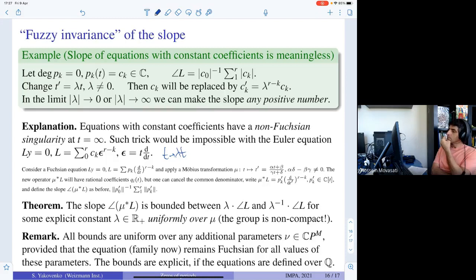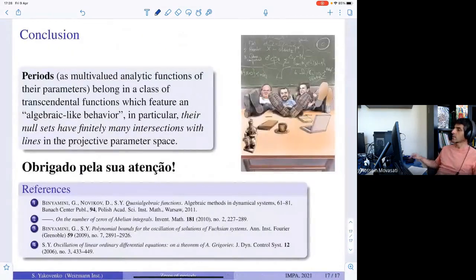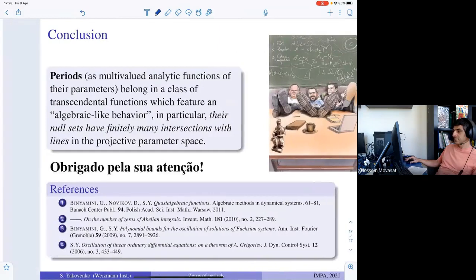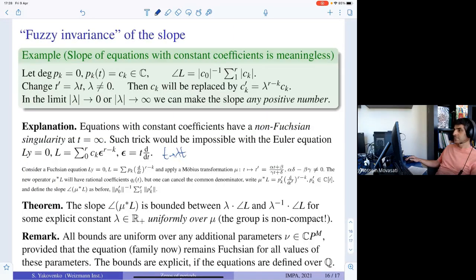So the logarithmic derivative will be the same. And this somehow explains why the slope can be changed, but only in a limited way. And well, this observation is actually the key to running the engine.